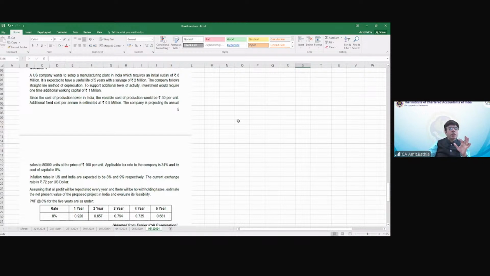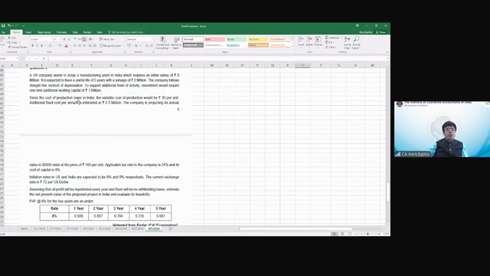A US company wants to set up a manufacturing plant in India, which requires an initial outlay of rupees 8 million. It is expected to have a useful life of 5 years with a salvage of rupees 2 million. The company follows straight line method of depreciation. To support additional level of activity, investment would require one-time additional working capital of rupees 1 million.